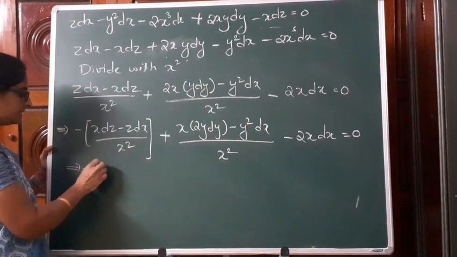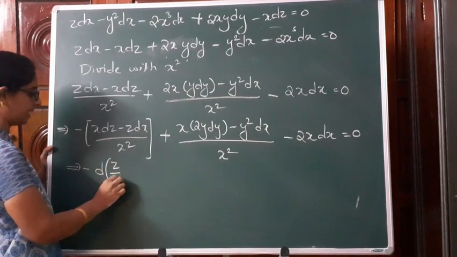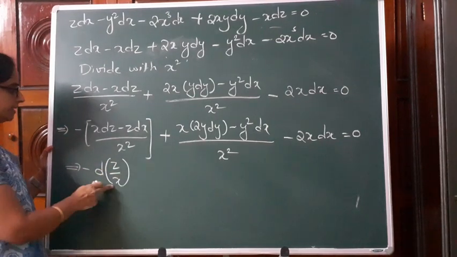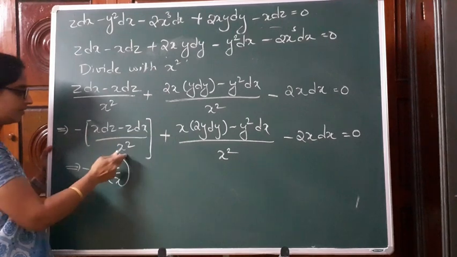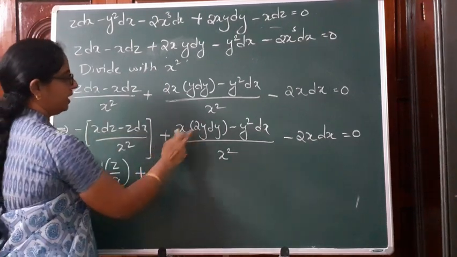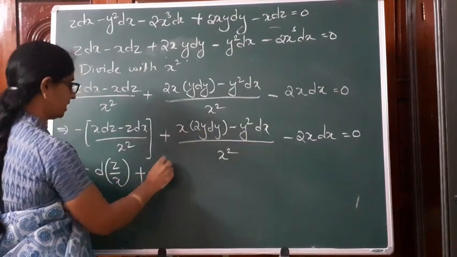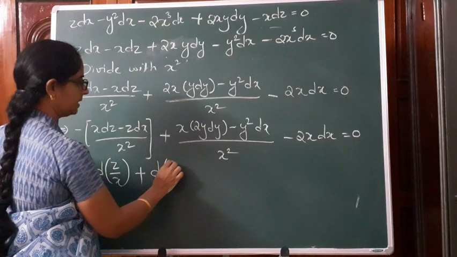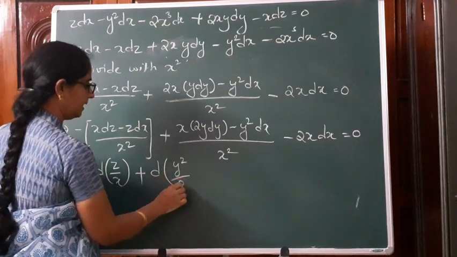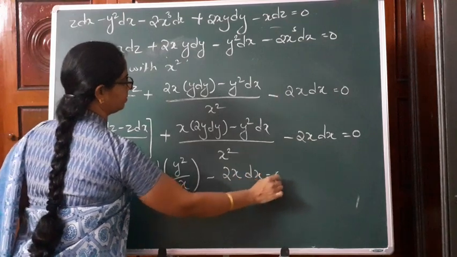Therefore this is minus derivative of z by x, that is x into derivative of z minus z into derivative of x by x square. Plus here also v into u dash minus u into v dash by v square, so this is the derivative of y square by x, minus 2x dx is equal to 0.